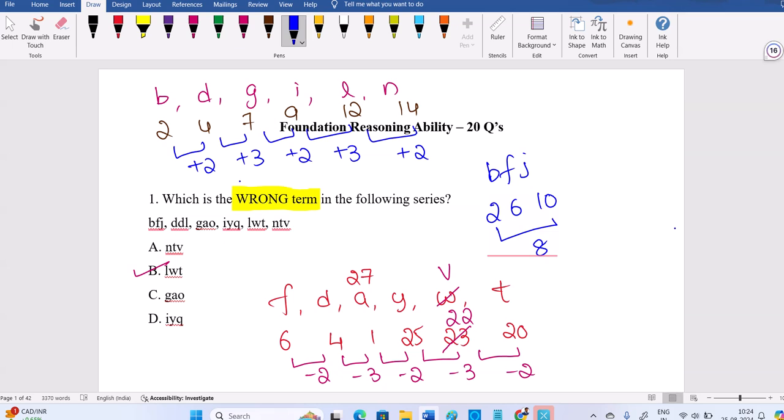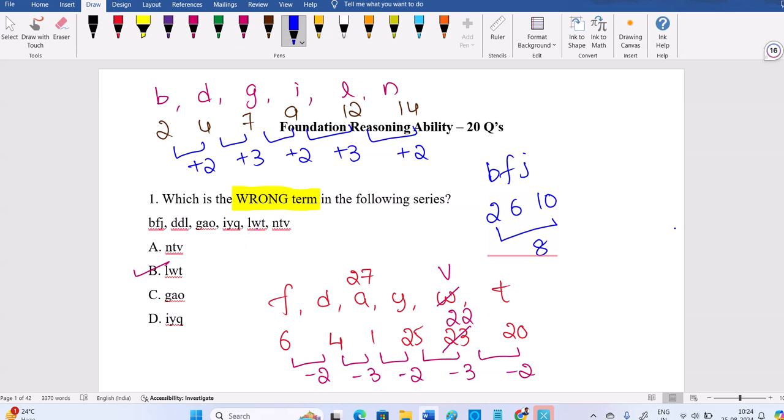That's good logic actually. Yeah, BFJ, if you see 2, 6, 10, this is 4, 4, 12, all even terms. This is all odd terms, 7, 1, 15. This is 9, 25, 17. If you convert to numbers, this is 14, 20, 22, all even, all odd, all even. This should be like 20, 12 and 20. This is, okay, an odd number is there.